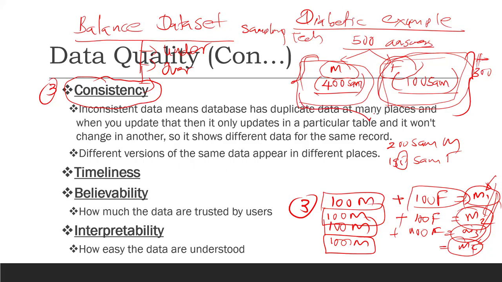We need 400 samples for female patients to convert into a balanced data set. Now these 100 records, he can duplicate 3 times. Duplicate means he copies the 100 records again and again, so altogether he has 400 records. That is one way of balancing.